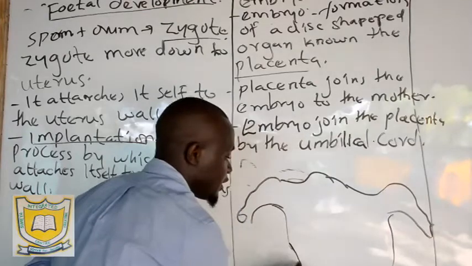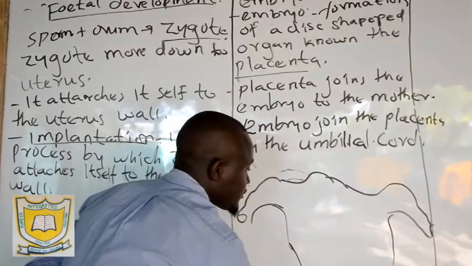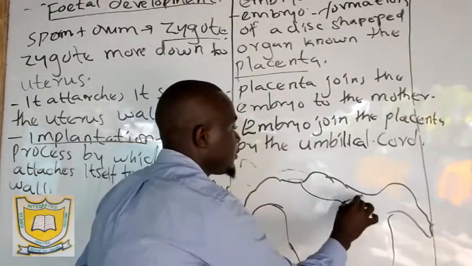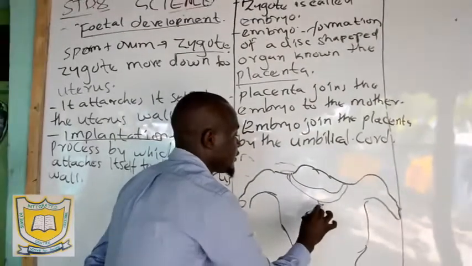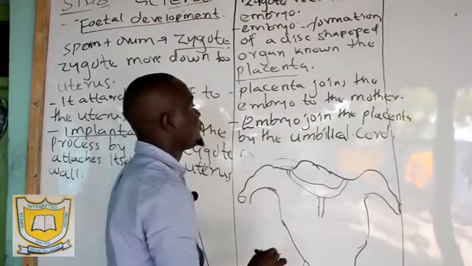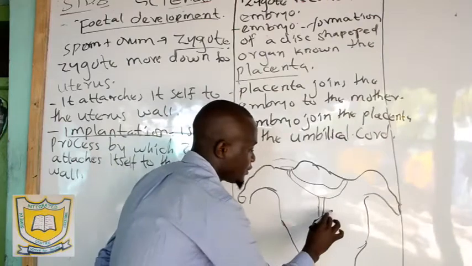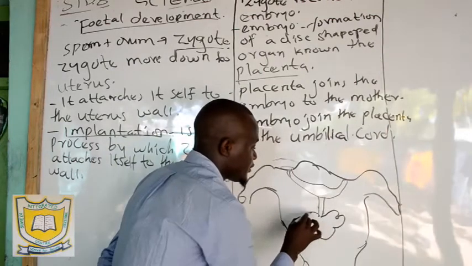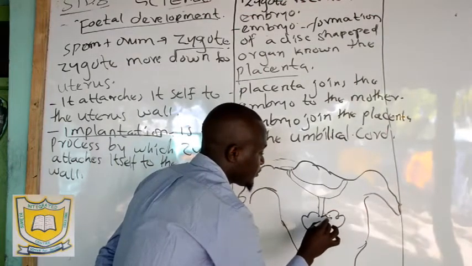I'm just making a rough diagram to illustrate how the placenta and the embryo are united to the fetus or the embryo.